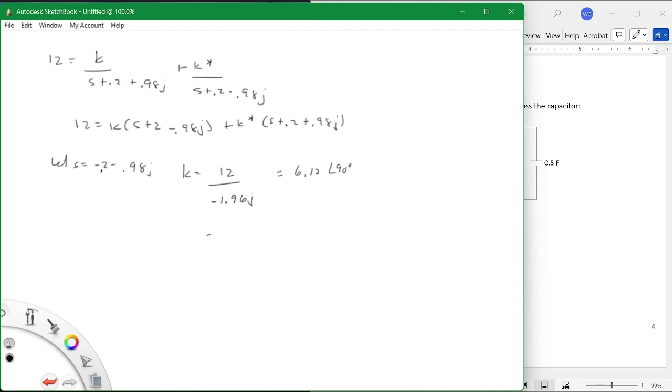So my voltage is equal to 12.25 e to the minus 0.2 t cosine of 0.98 t plus 90 degrees.